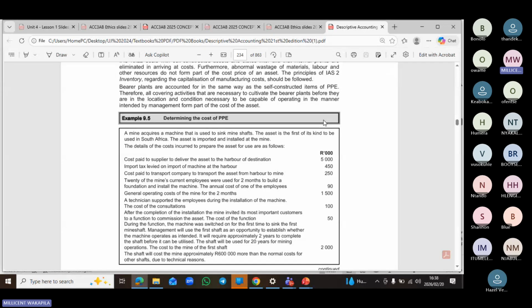So it means that it was 2 months in the construction of the building. And then at the time it was just used in the business for some other things in the business. The 10 times 2, which is the 20,000, you are supposed to capitalize.